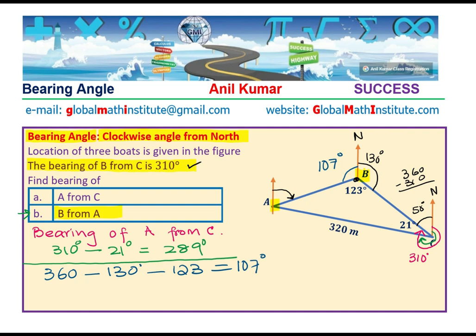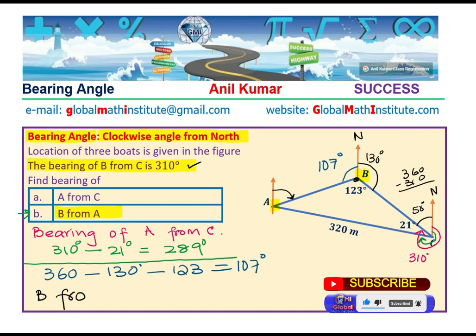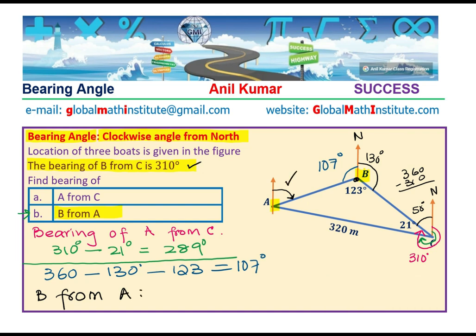You get the idea. Now, we are very close to finding the bearing angle of B from A. Can you tell me the answer now? Well, clearly, the bearing angle of B from A will be 180 minus 107, and so we get our answer.